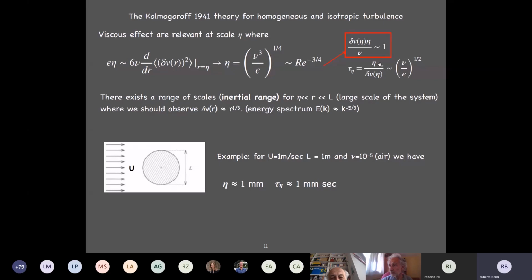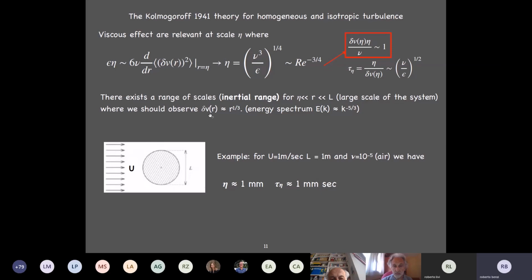So you see that at very large Reynolds number, fluctuations can be observed almost everywhere, and this is an important application in all fields of turbulence, not just the theoretical one.